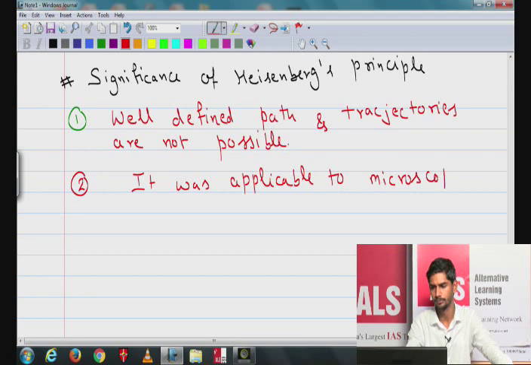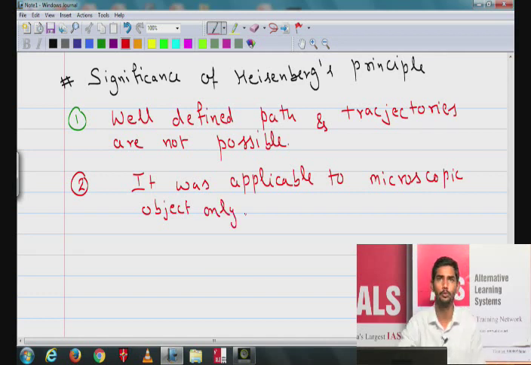Are you getting the point? Microscopic means the objects which are very, very small. You can note down these two significances of Heisenberg's theory, and after that let's move on to the de Broglie concept.